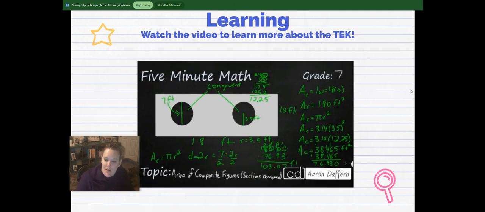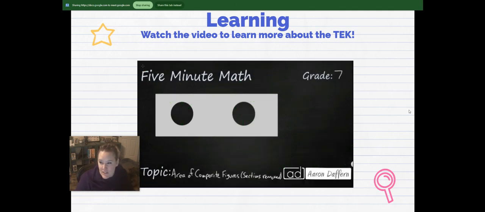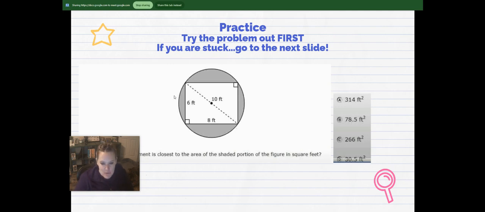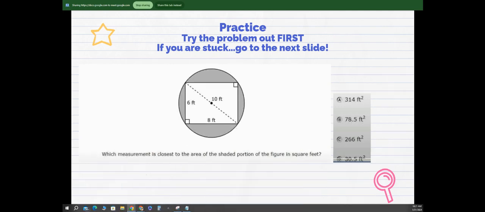So now moving along here. Which measurement is closest to the area of the shaded portion of the figure in square feet? So in class, we're going to do the same thing. I'm going to give maybe 3 or 4 minutes and have you try this.